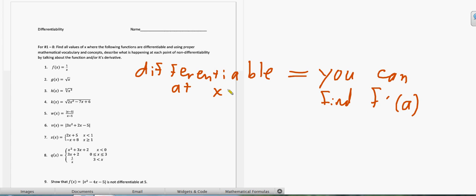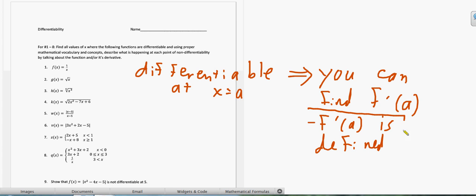Differentiable at x equals a means you can find f prime of a, or even better, f prime of a is defined. That's probably better mathematically speaking. All it means is the derivative is a number. It means it has a slope.